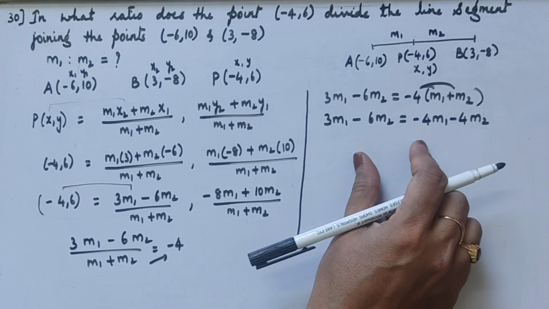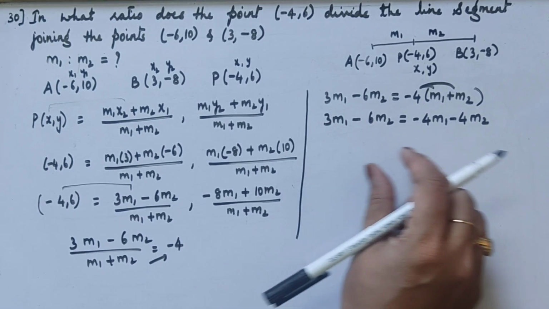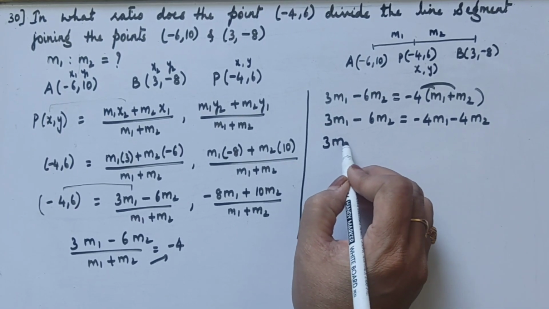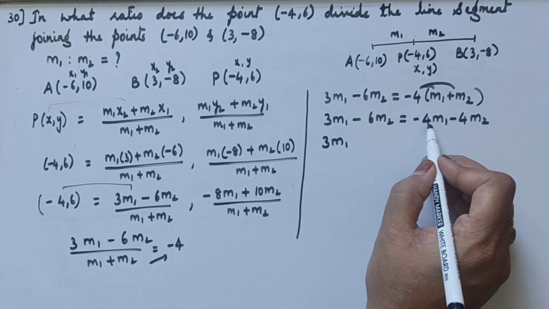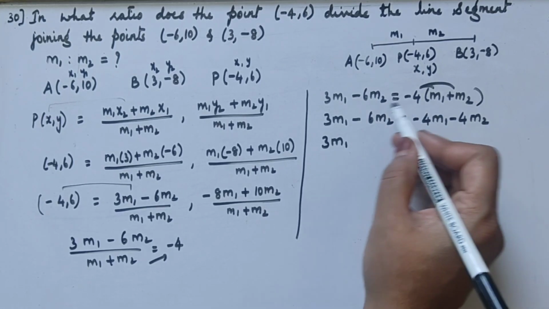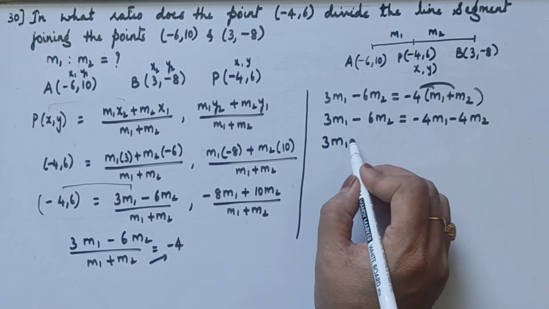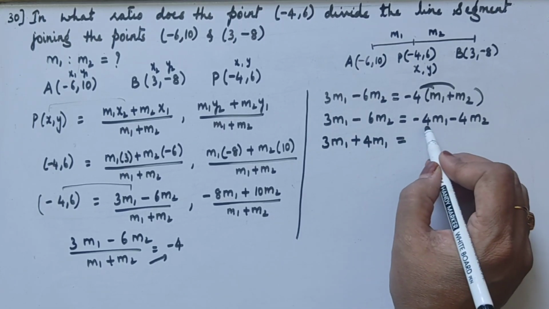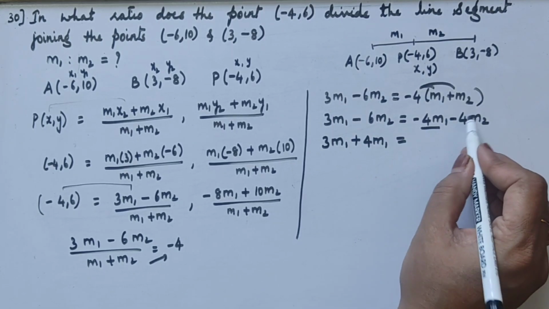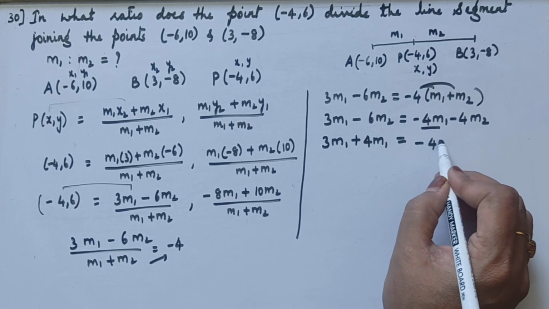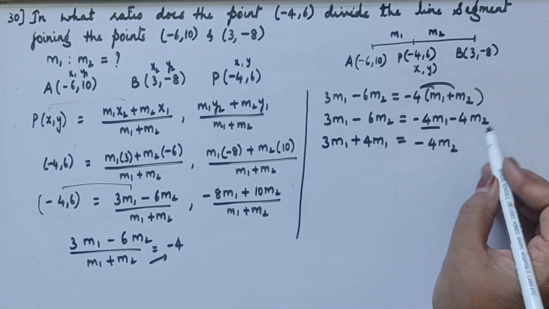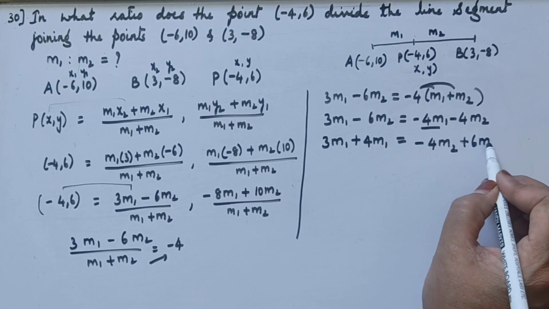Let me rearrange all m1s to one side and m2 to the other side. Here 3m1, here we have got -4m1. If it comes to the left hand side it becomes +4m1, equals, so if this is gone, this is left over, which is -4m2, and m2 I'll take here, this becomes 6m2.